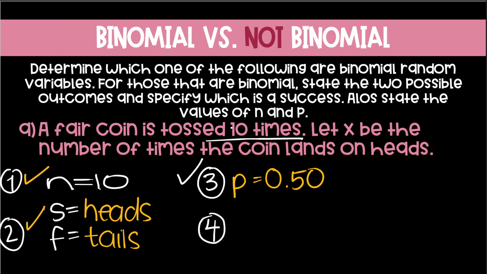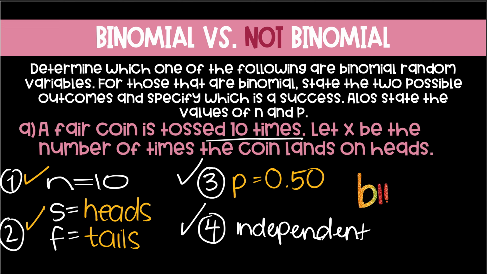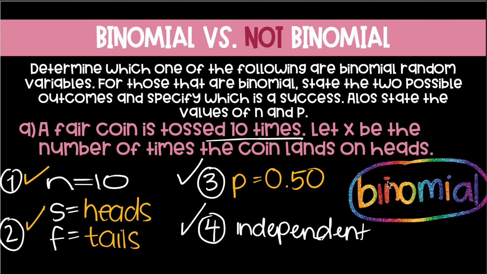In other words, does the outcome of the first coin affect any of the other tossed coins? No. So yes, it's independent and our fourth condition is met. Because all 4 conditions are met, yes, it's a binomial random variable. If any of these is not met, then it would not be binomial.